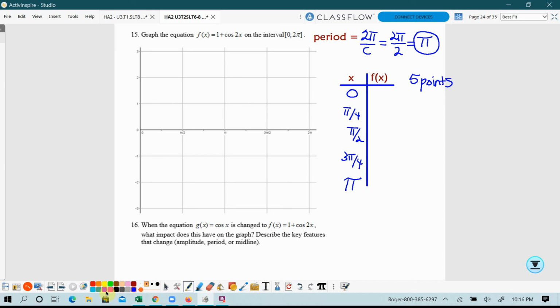So the next step, now that we have them, let's evaluate for f of x. Here's what this means. The first thing you have to do is multiply these angles times 2 before you evaluate the cosine of the new angle. After you do that, then you add 1.